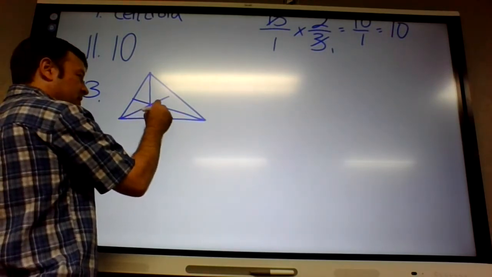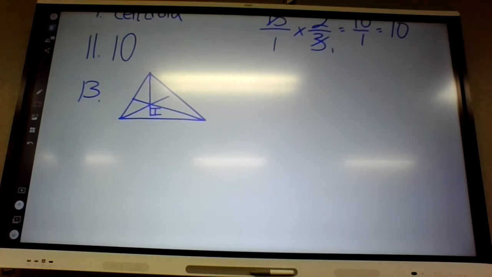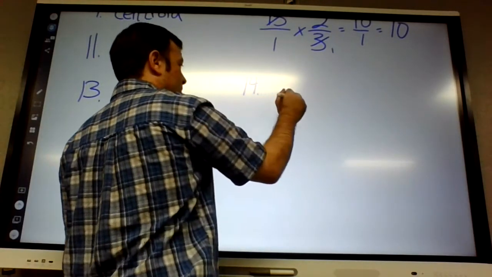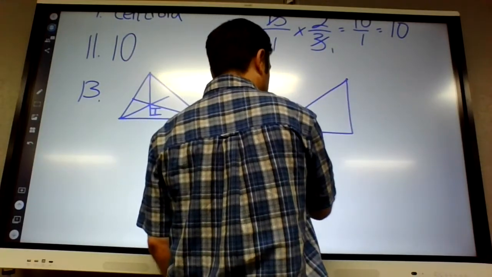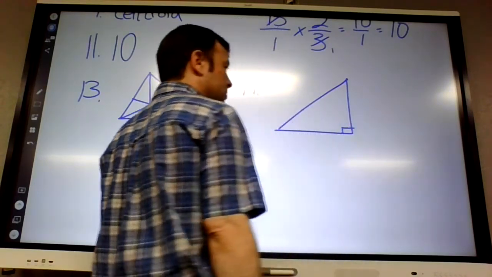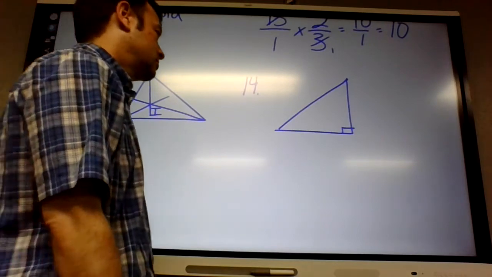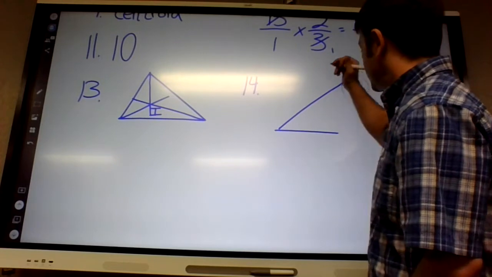I think the directions say put an I for the incenter. Number 14 is supposed to be a right triangle. Split the angles in half. Let me try that again.